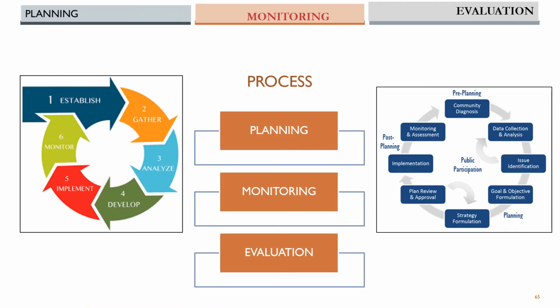So in summary, when we look at planning, monitoring, and evaluation, it all boils down to a systematic way of providing services and then monitoring and finally evaluating. So we have to establish, gather information, analyze, develop, implement, and finally do monitoring.